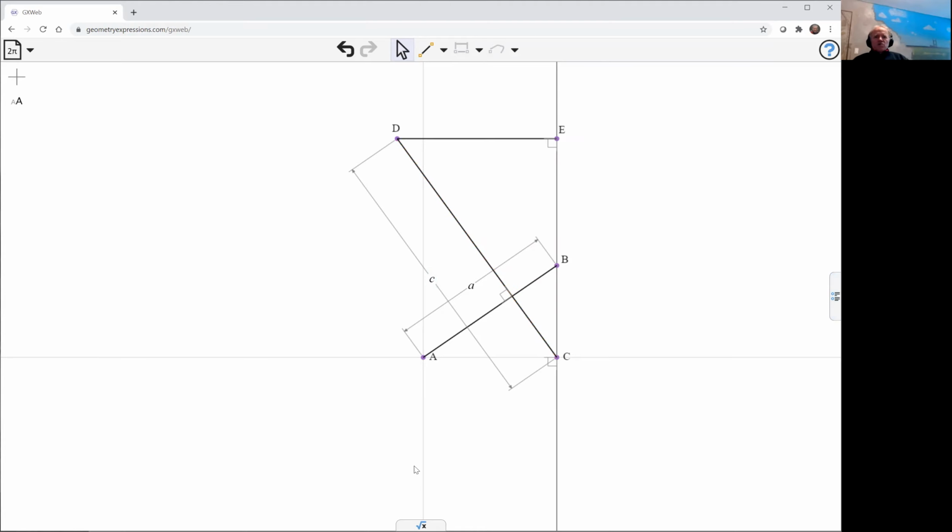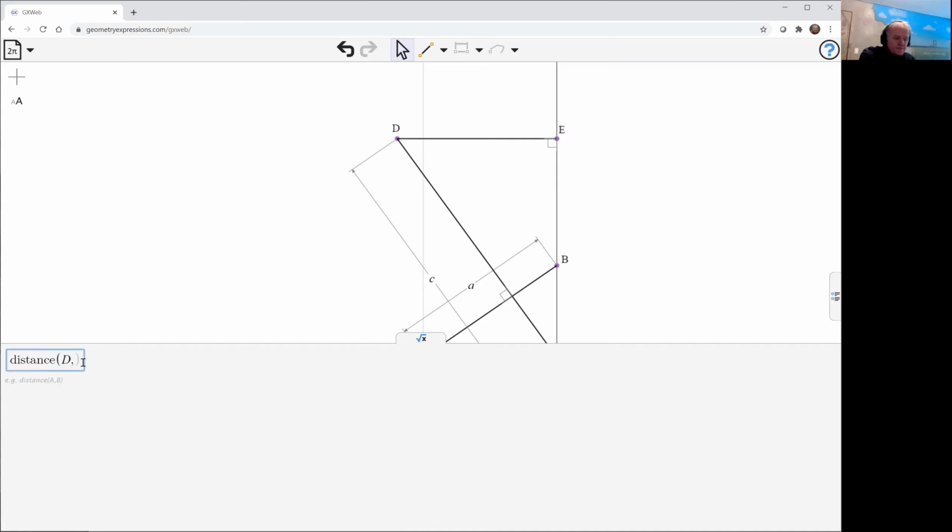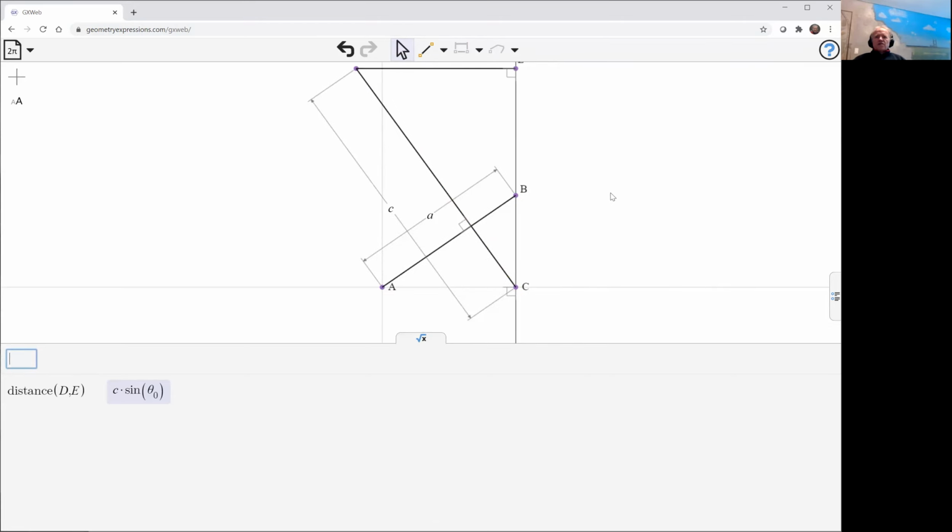And now we can ask, what is the length of DE? C sine theta naught. Well, there's no theta naught in our drawing. Let's make sure we stick an angle into our drawing.